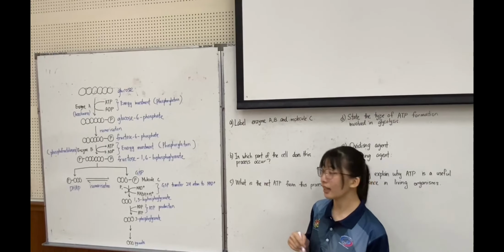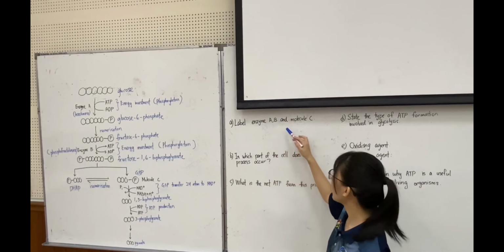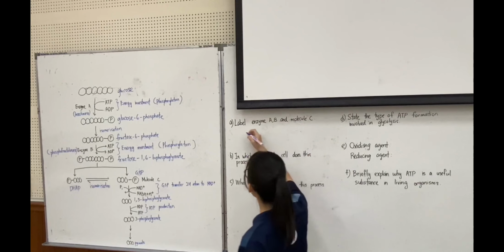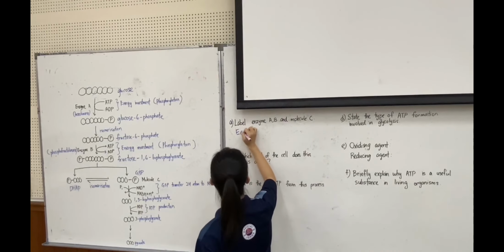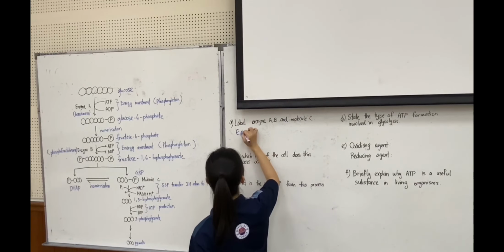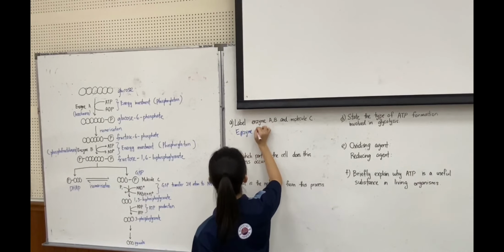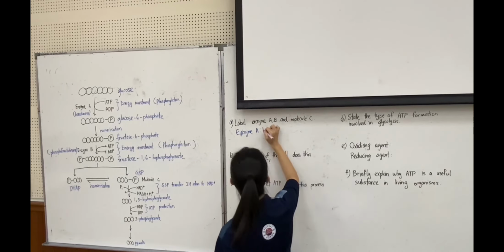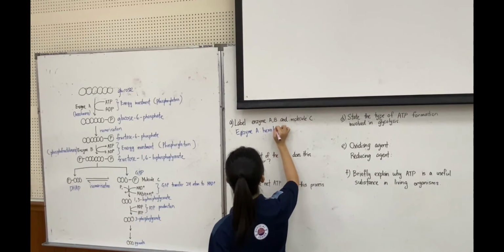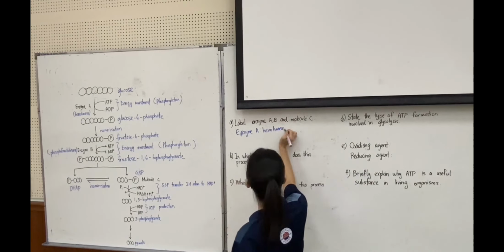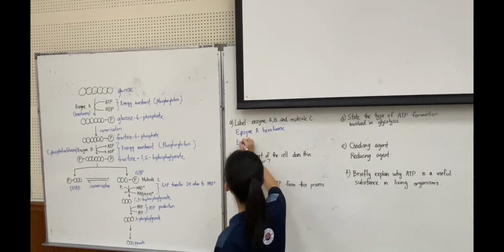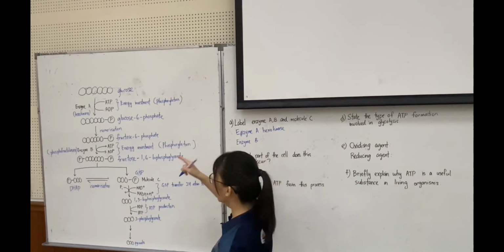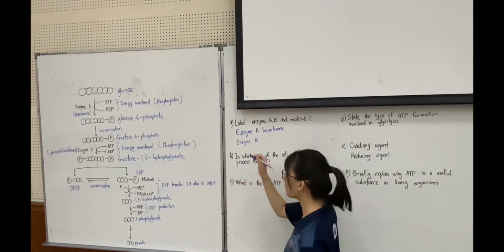Okay, so let's start the first question. Label enzyme A, B, and also molecule C. Refer to our diagram. Enzyme A is hexokinase. And the enzyme B, it is phosphofructokinase.